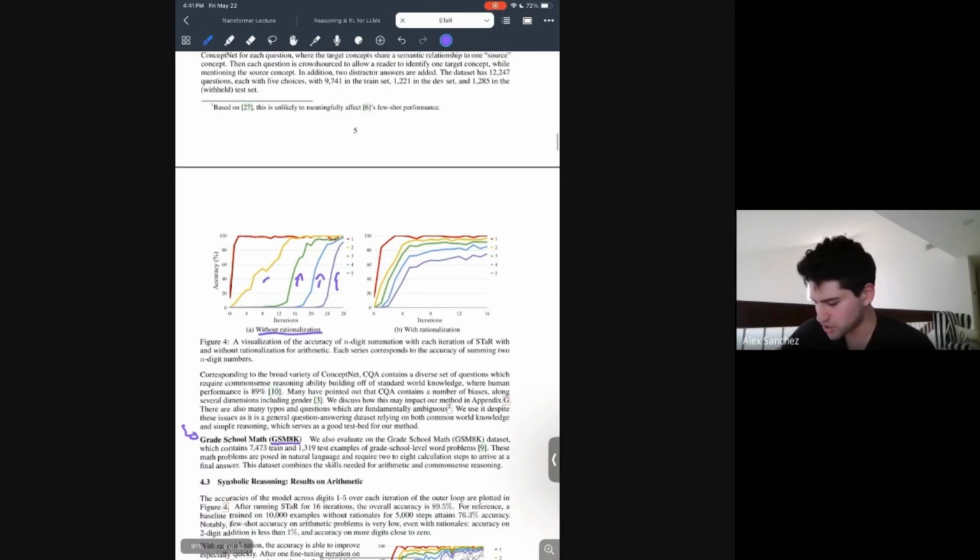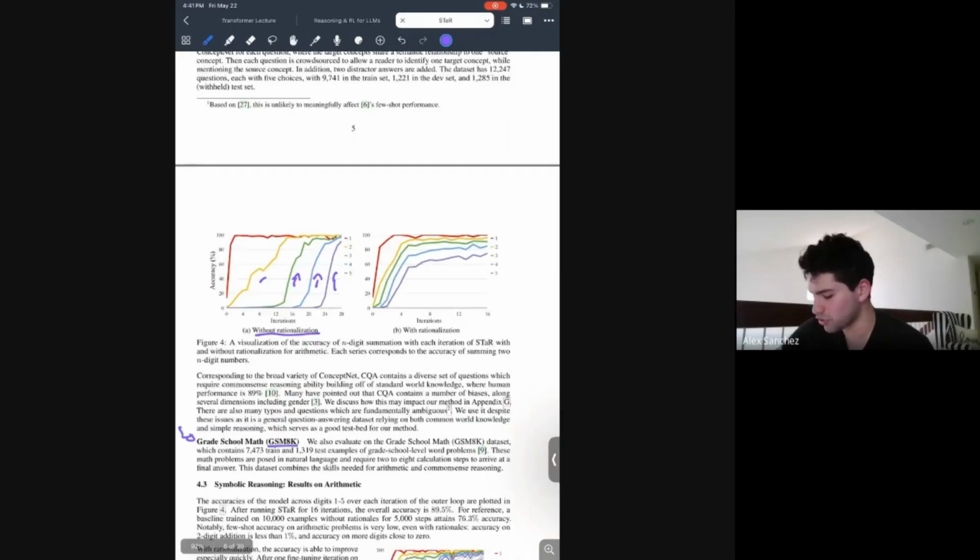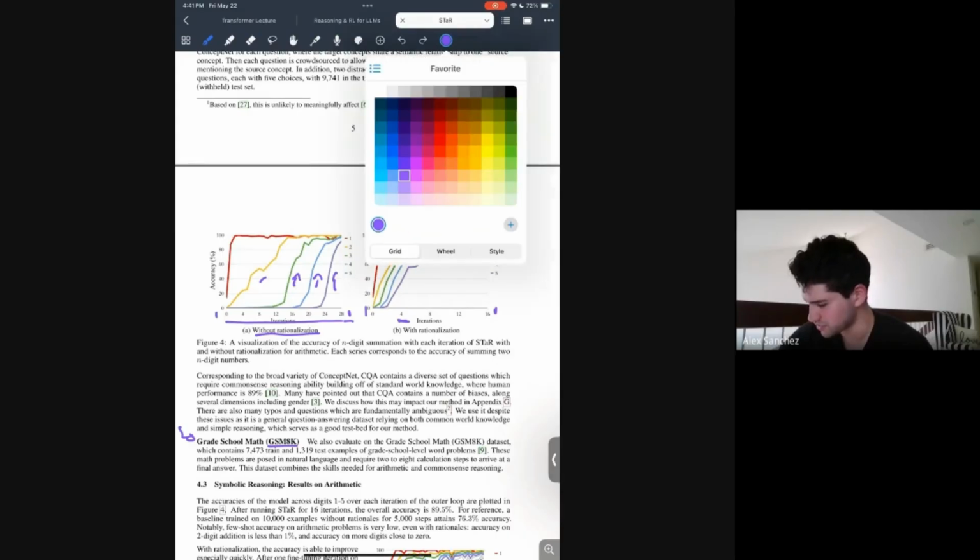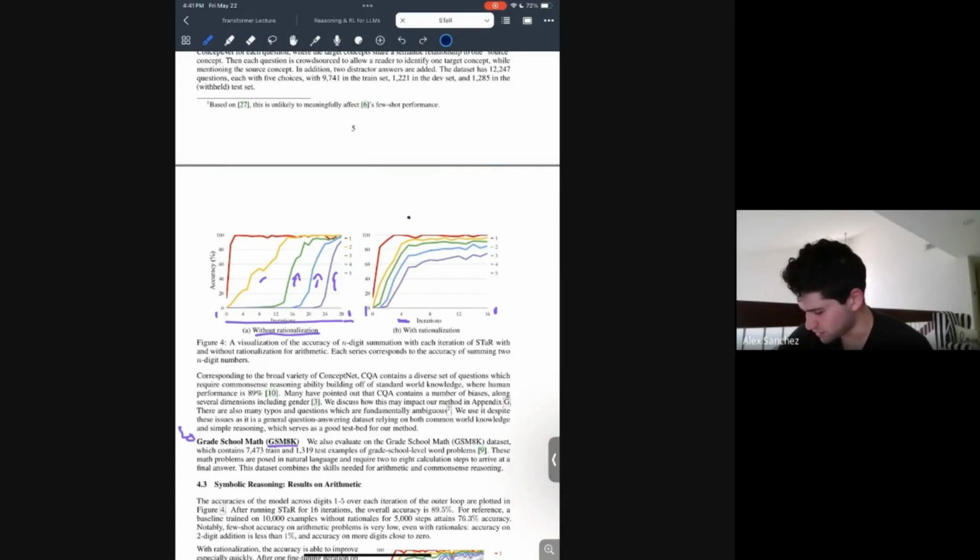And don't get fooled by the graphs alone, but look at the scale of iterations, upper bound 28, lower bound 0, here 0 to 16. So by iteration 4, look at how much the models had improved.